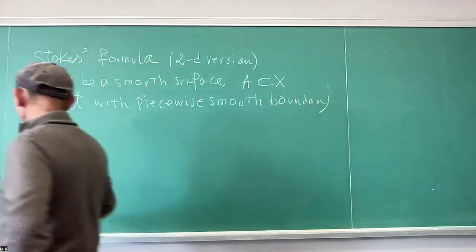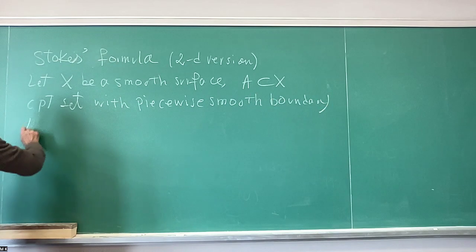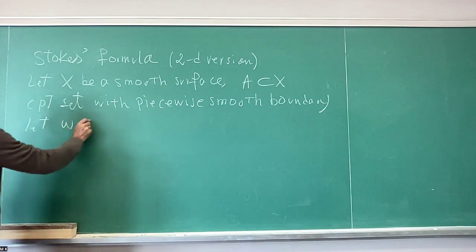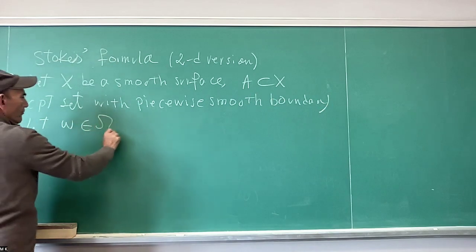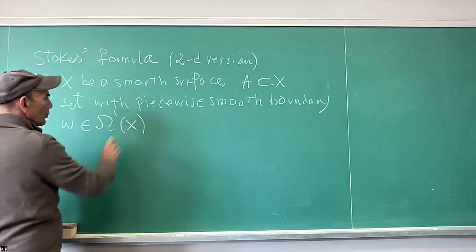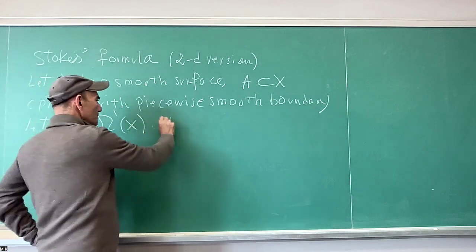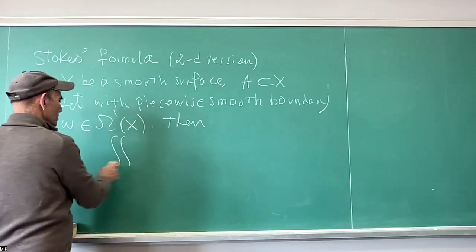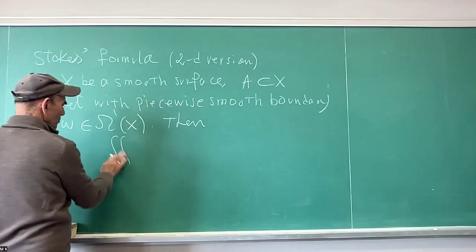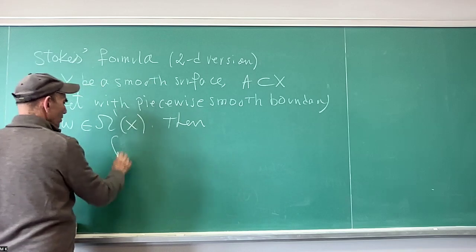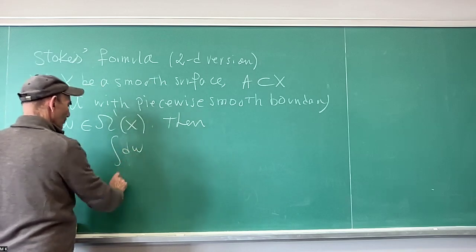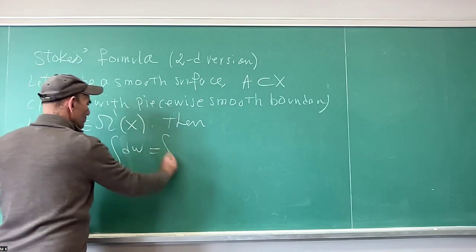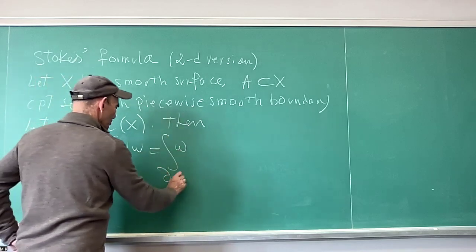Let omega belong to omega 1 of X, a smooth one-form. Then the integral of d omega over A is equal to the integral of omega over the boundary of A.